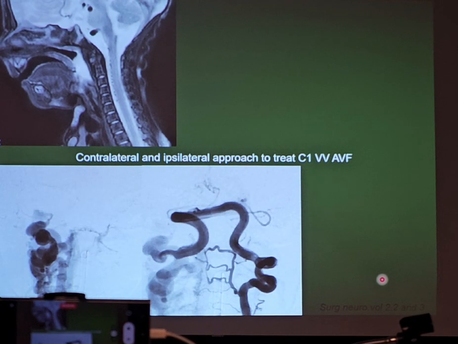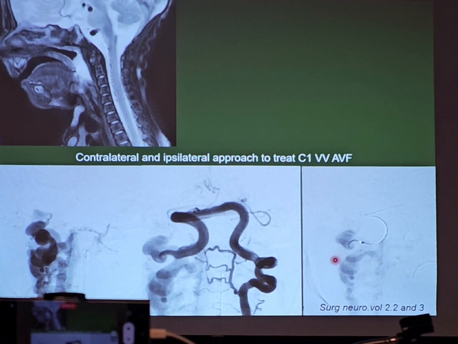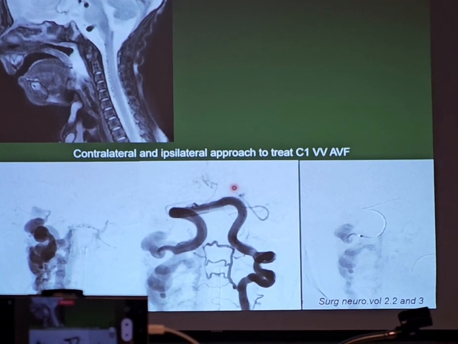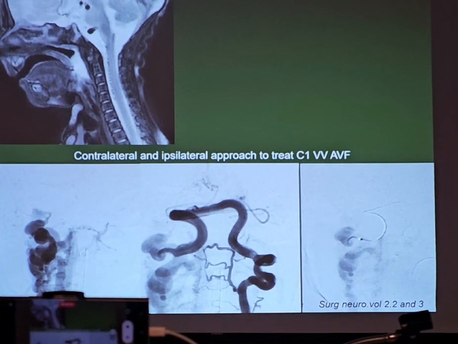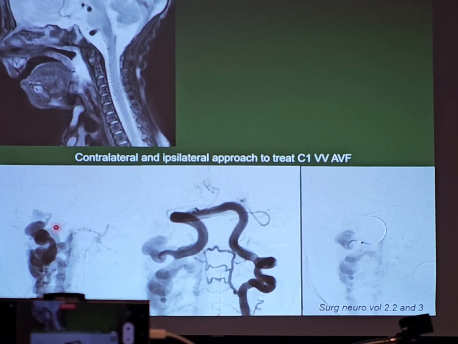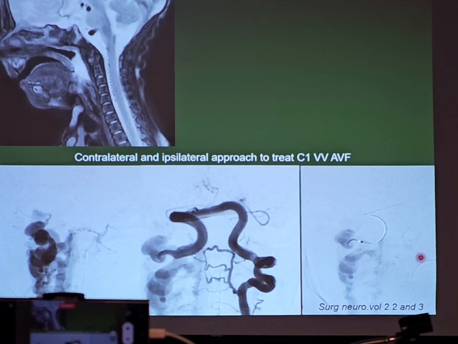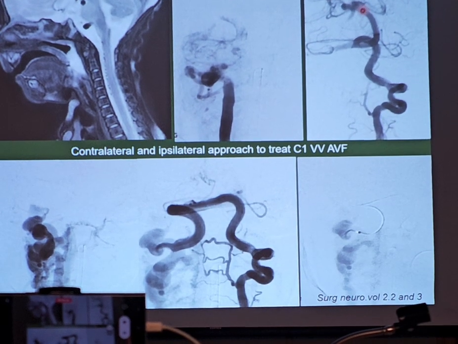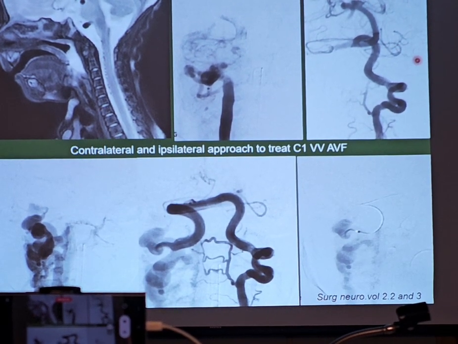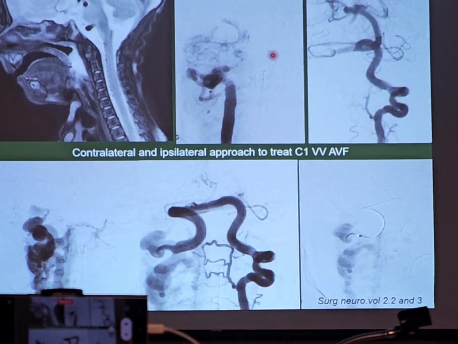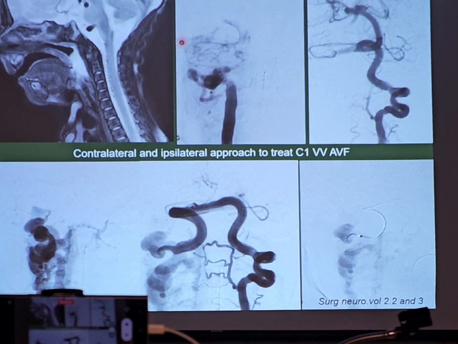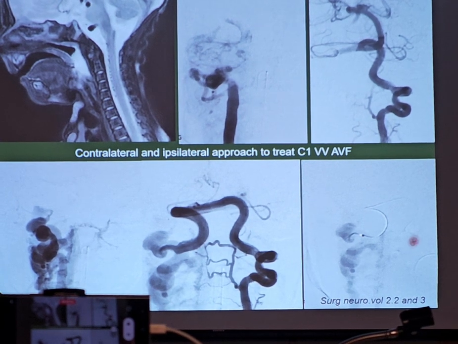In a young child, another thing you see is that the ipsilateral vertebral didn't give any supply to the posterior circulation. How come? The fistula is on the right side, and you must realize before the treatment that you should immediately think about what supplies the posterior circulation.